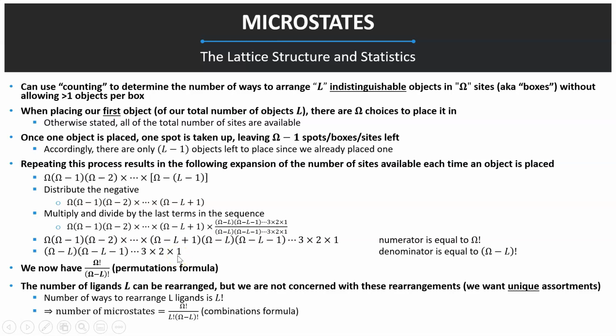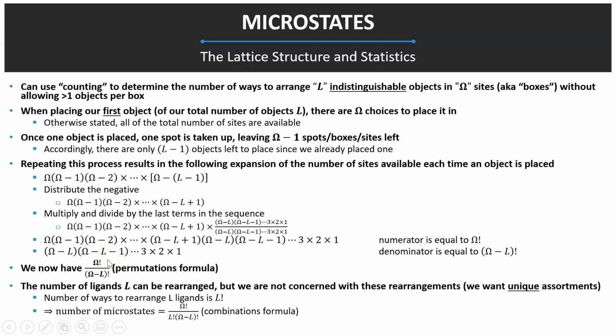Just as above, if we have some term omega minus L, and we subtract one additional site each time and multiply these numbers together, what is this? Well, this of course is equal to omega minus L factorial. So the numerator is omega factorial, and the denominator becomes omega minus L factorial, making the overall formula shown here.